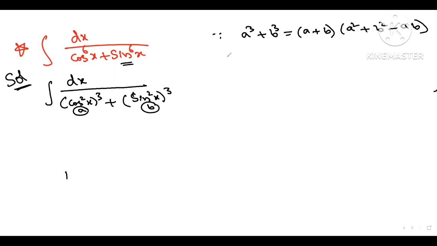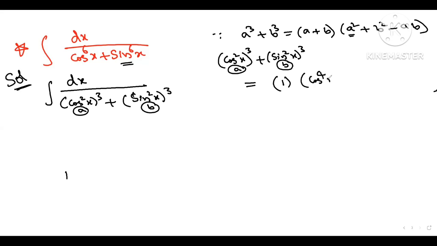What we get here? Cos square x whole cube plus sin square x whole cube. We get a in place of cos square x, b in place of sin square x. On the right side, a plus b: a is cos square x, b is sin square x, cos square x plus sin square x, we get 1. Now a square, a is cos square x, so a square is cos to the power 4x.